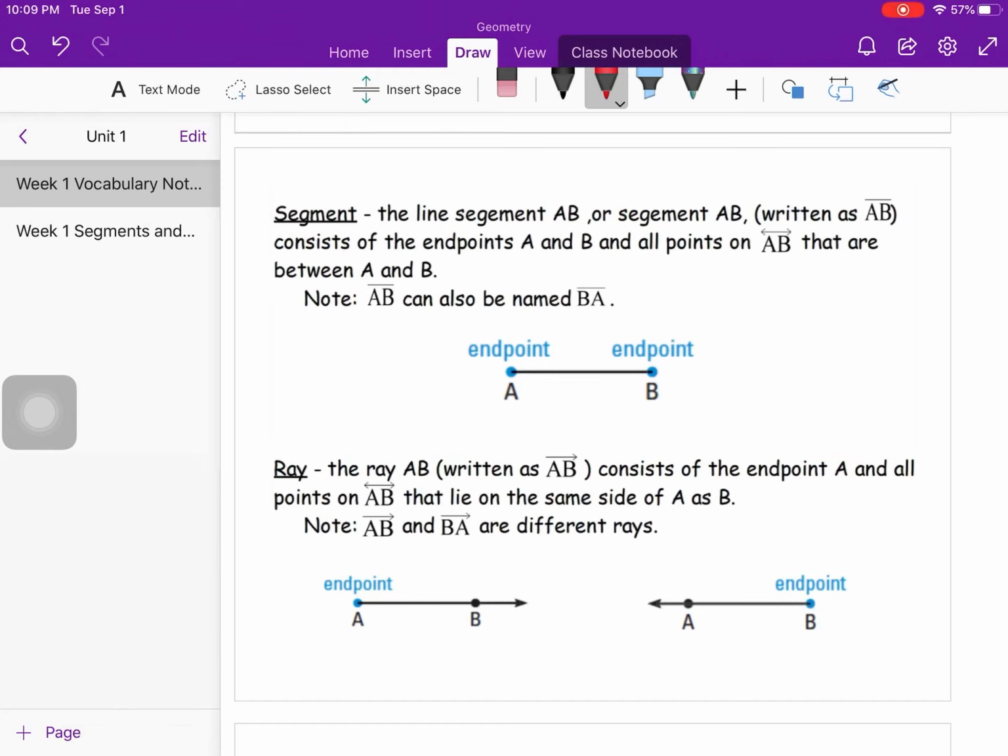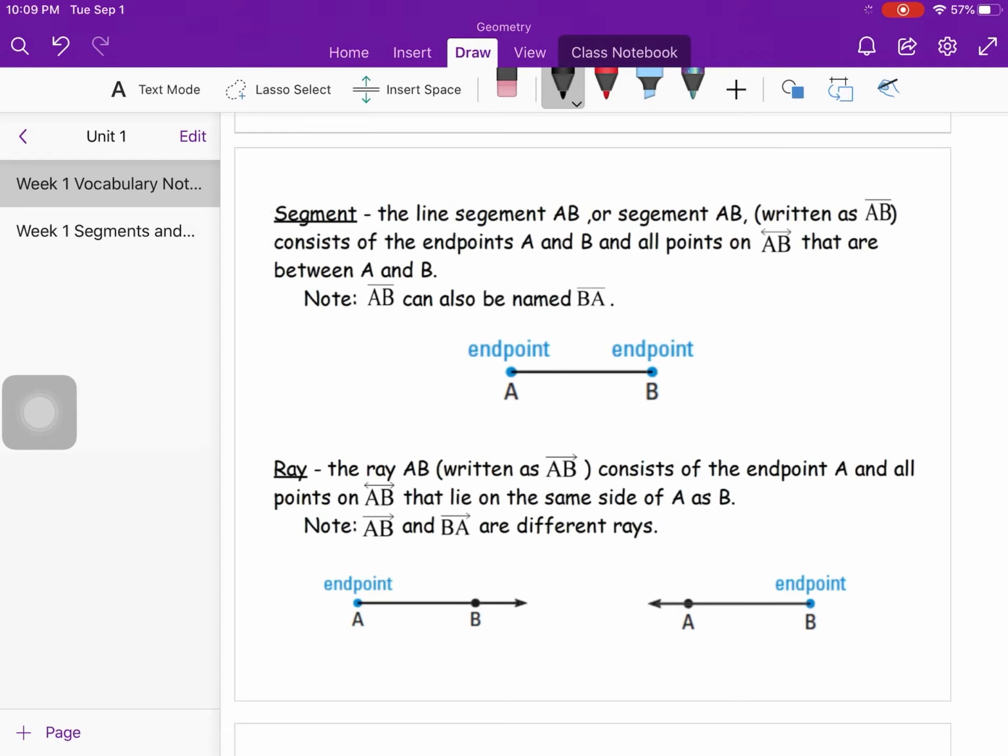The reason it's just the single bar is because this is a line segment. It's different from a line. It has endpoints A and B and all points on line AB that are between A and B. So technically there's millions and billions and an infinite number of points in between these two endpoints. We're not going to go through and name them all, but the only ones we care about are A and B because those are the endpoints.